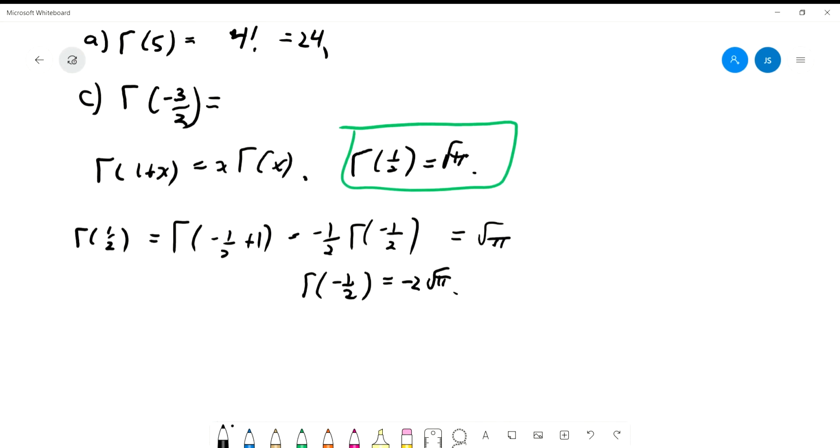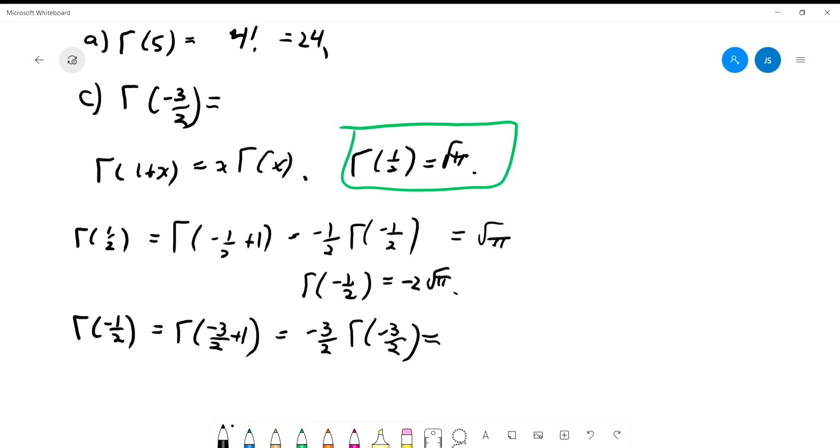So gamma of negative 1/2 is gamma of negative 3 halves plus 1, which equals negative 3 halves times gamma of negative 3 halves on one hand, but on the other hand, it's gamma of negative 1/2, which you just figured out is -2 square root of pi.